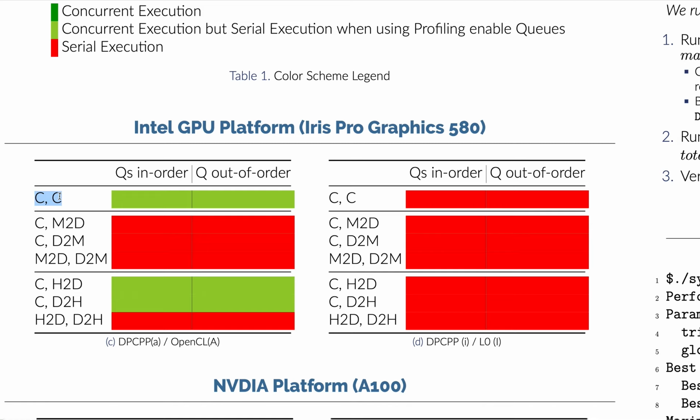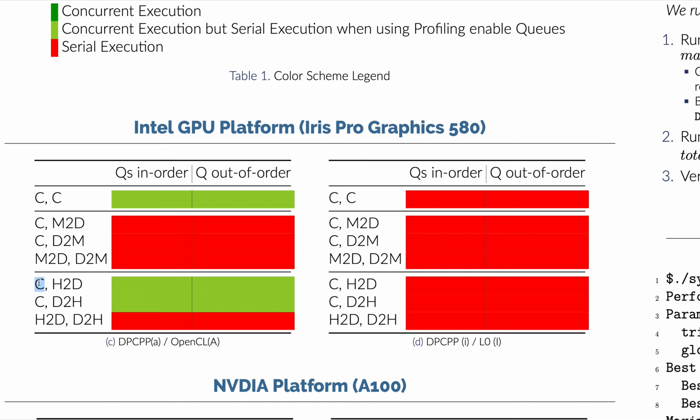If you submit two compute commands with really low occupancy, so one work item, you see that we have concurrent execution. So this is nice. If you try to use compute and a memory data transfer, where M means malloc, not pinned memory, we don't see any concurrency.